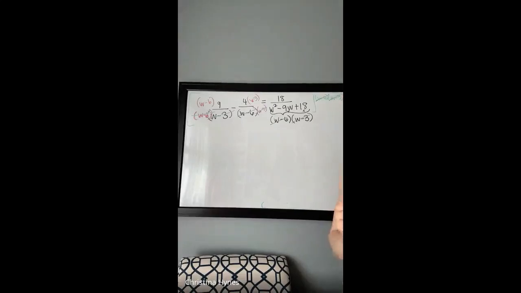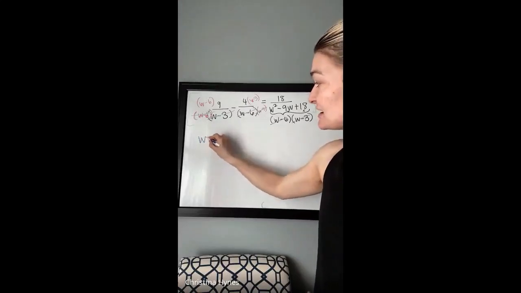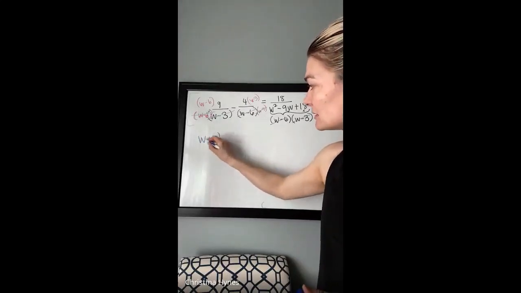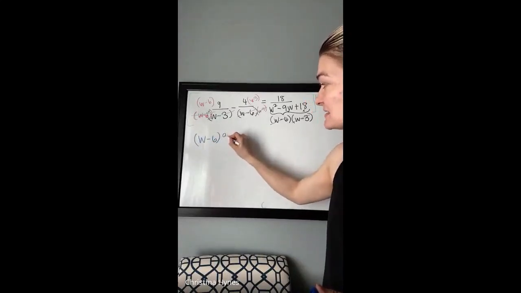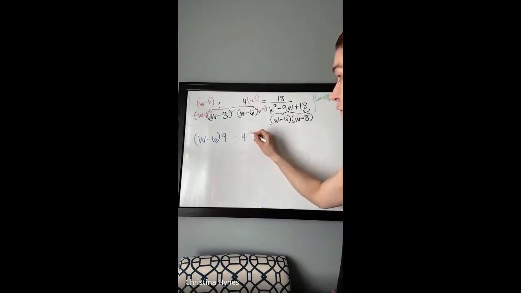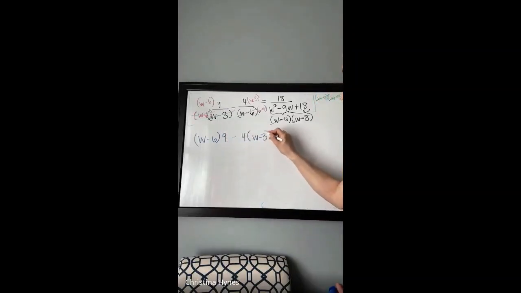So the denominators are all gone now, which is awesome. Less work for you. Now what you're left with is just the numerator: w minus 6 times 9 minus 4 times w minus 3 equals 18.